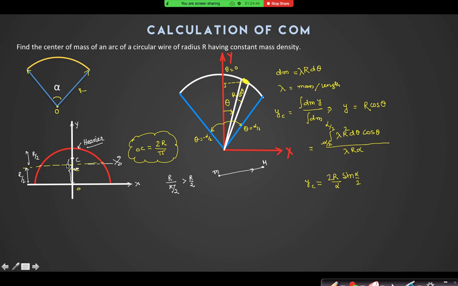If I cut it at r by 2, two equal distances r by 2, where does the center of mass lie? Above r by 2. So the upper one is the heavier segment than the lower one.